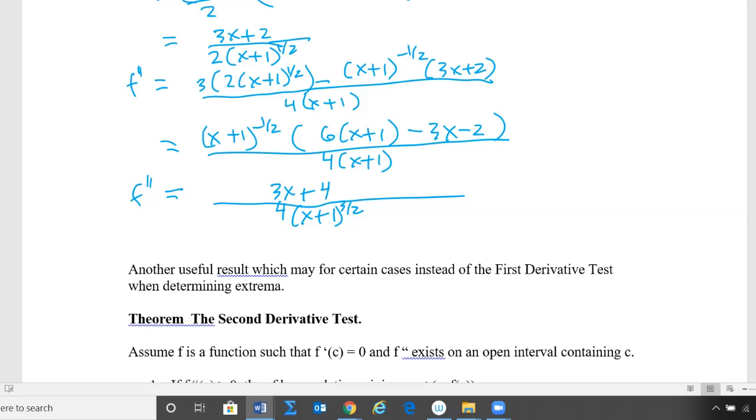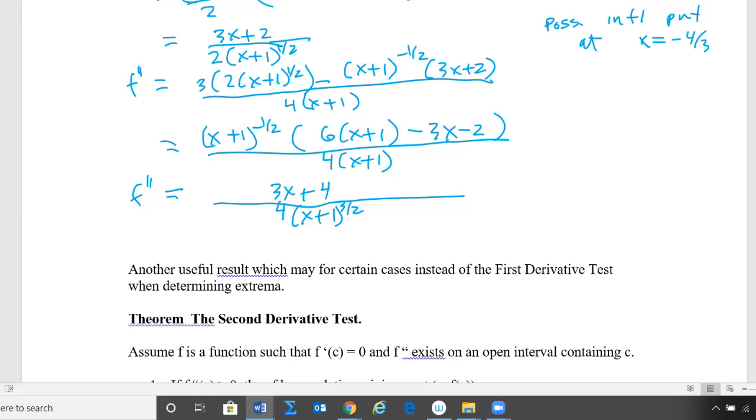Now that tells us that we do have a possible inflection point at x equals negative 4/3.